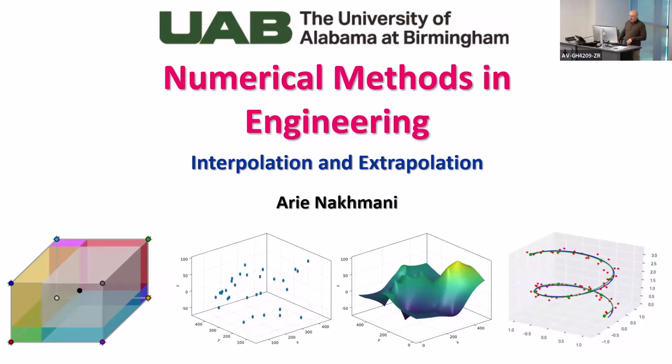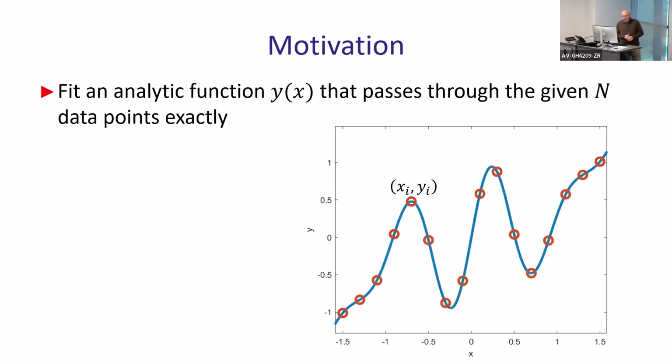Okay, so today we talk about interpolation and extrapolation. And the basic idea is that you want to fit some sort of function, let's call it y of x, and this could be a one-dimensional or more-dimensional function, but an analytical function of some kind, to pass through n given points. So you have n sample points, which are discrete points, and you try to fit to these points some sort of curve or surface, hypersurface.